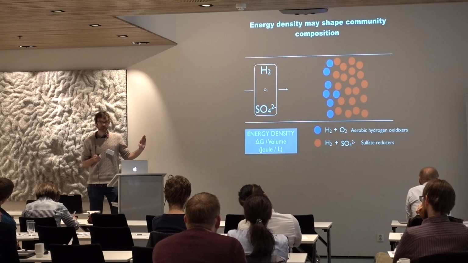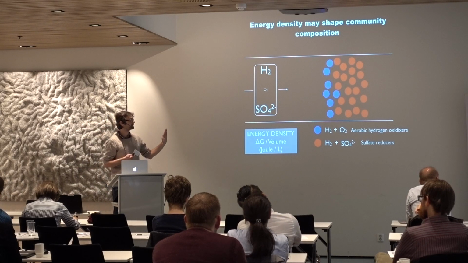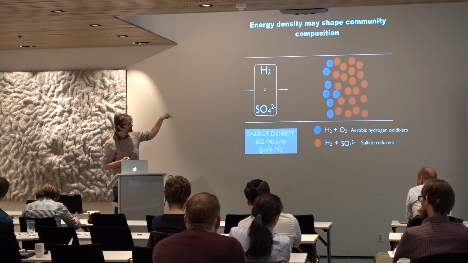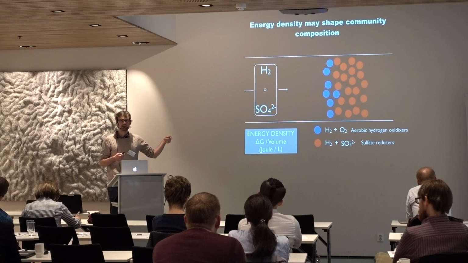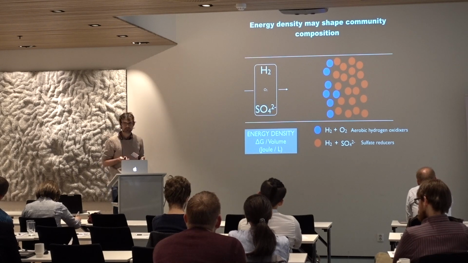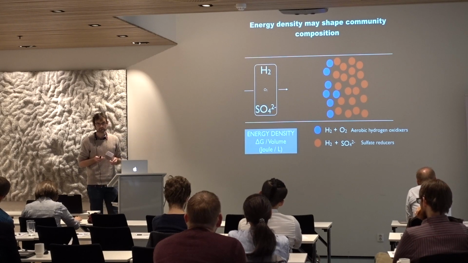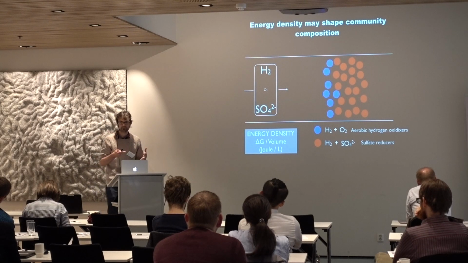And regardless of the flux, if you just look at the relative density of energy, we can still use the same logic and say that in this system we could expect to see a higher population of sulfate reducers, because the power in any case is higher.